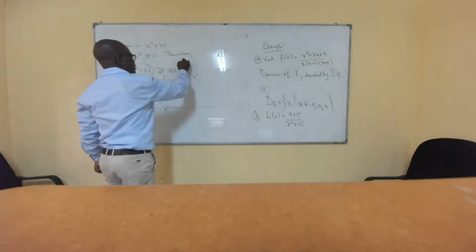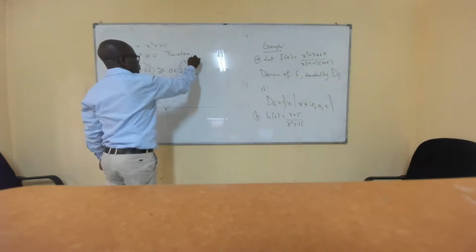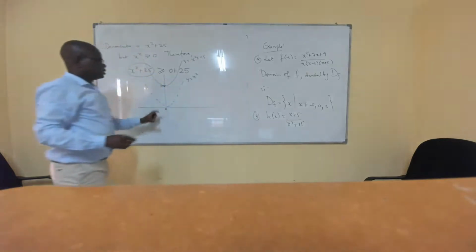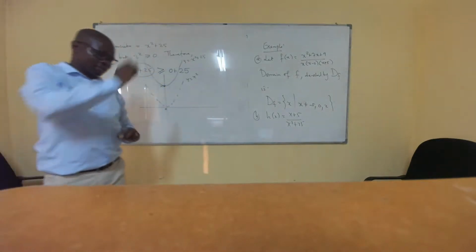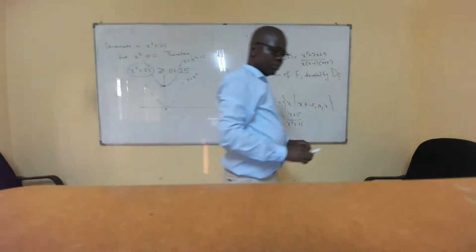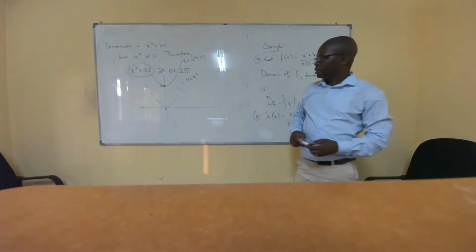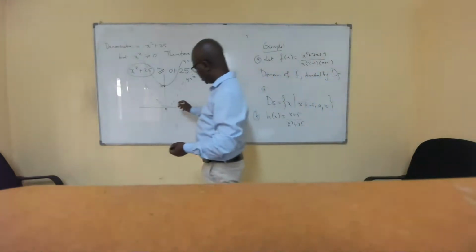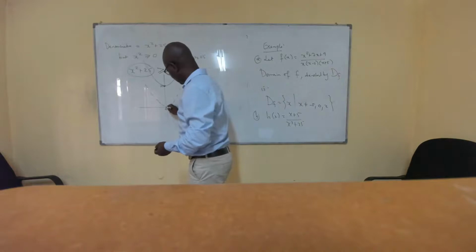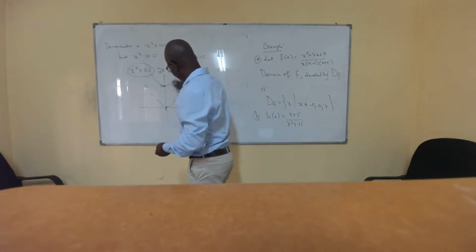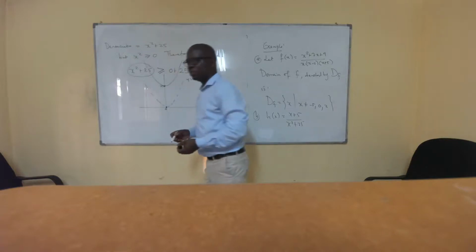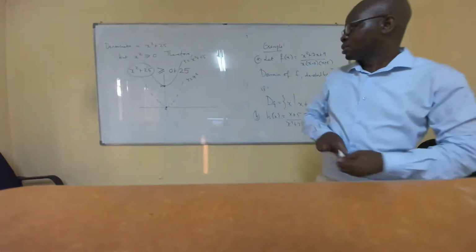So this is y equals x squared plus 25, shifted vertically 25 units. Every point on it is shifted the same number of units vertically. So that's the graph.